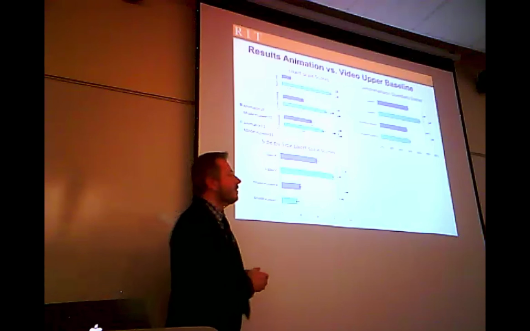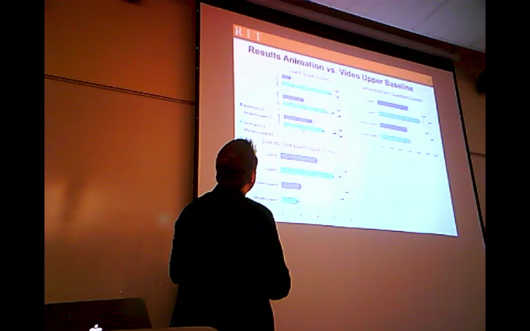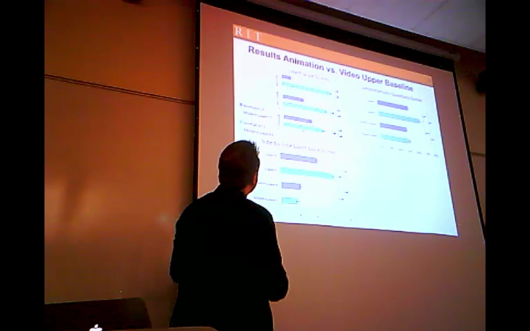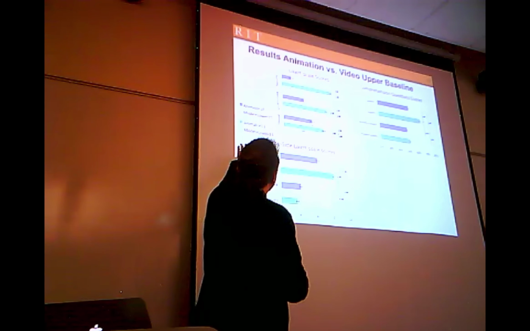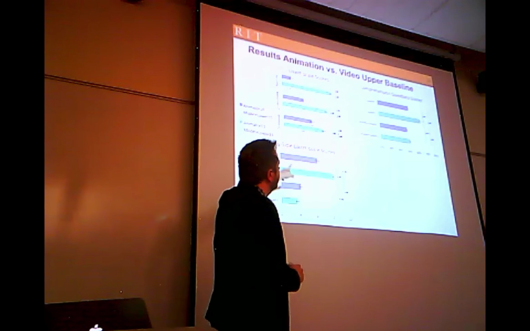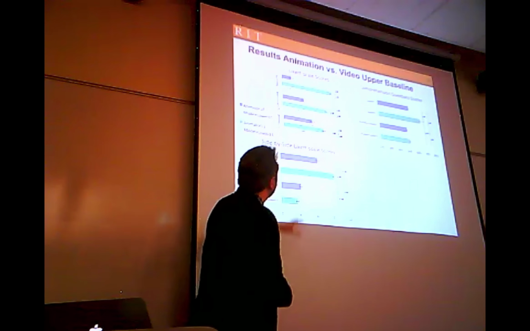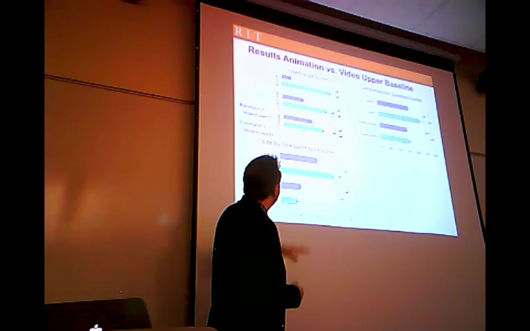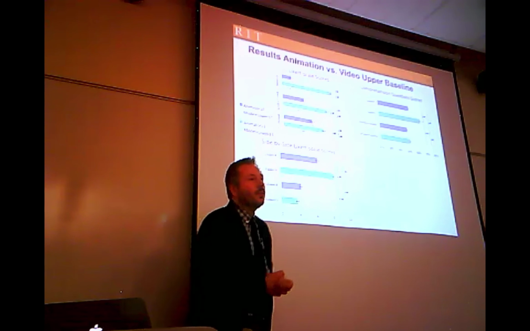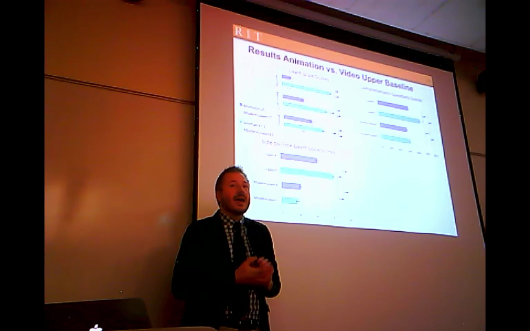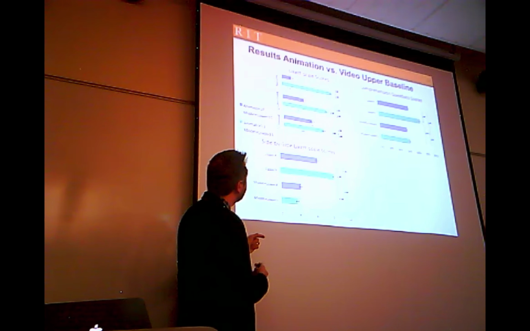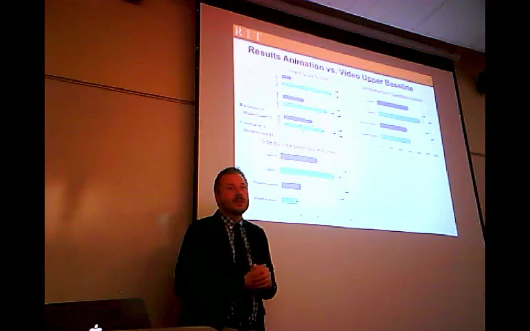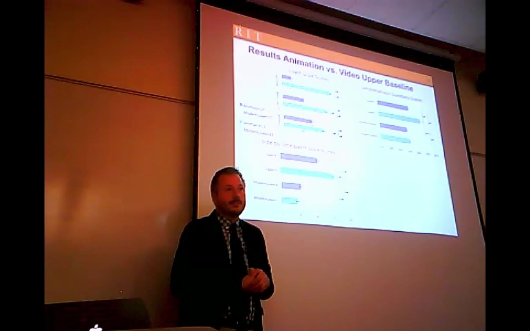So these graphs are a lot going on. So let me explain what's going on with these. In these graphs here, the purple bars, that are usually the ones on top, are from the study where the upper baseline was an animation. Okay. The green ones are from a study where the upper baseline was a video of a real human.